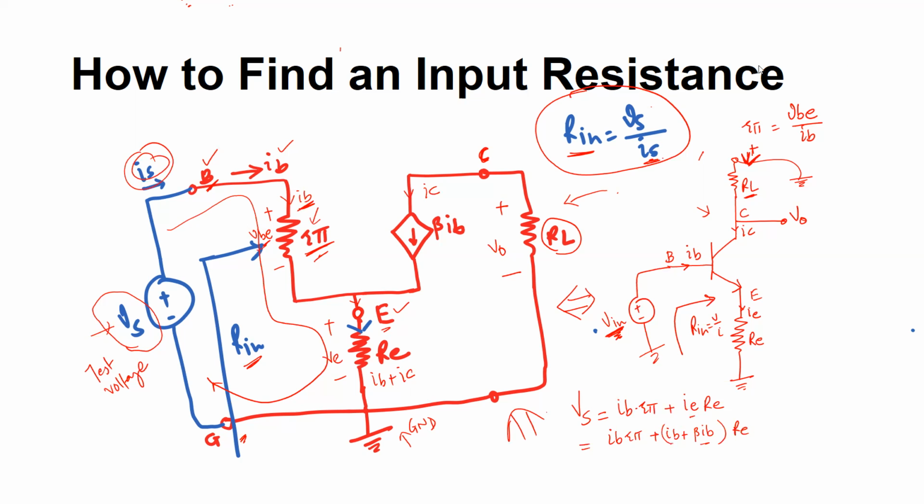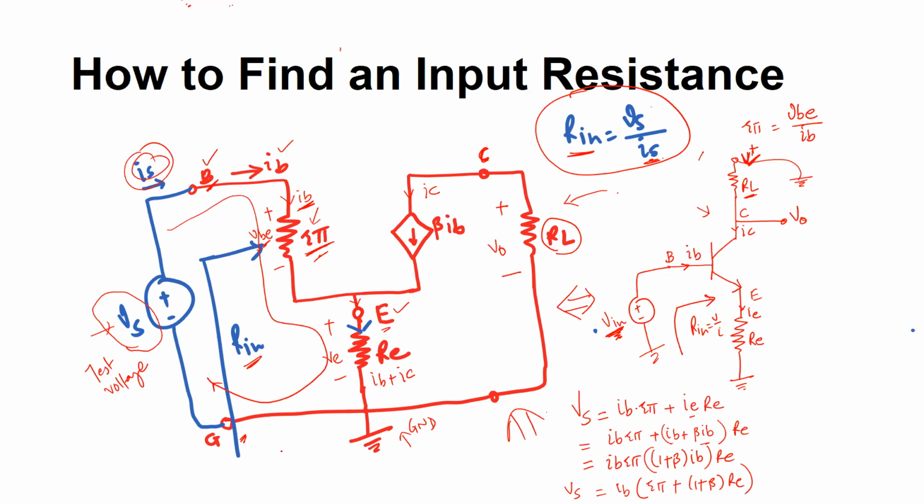So you further simplify it: it would be IB R pi, and take the IB out, this will be 1 plus beta times IB times RE. And then you again take the IB out, it will be IB times R pi plus 1 plus beta times RE. And that's your Vs equal to this.